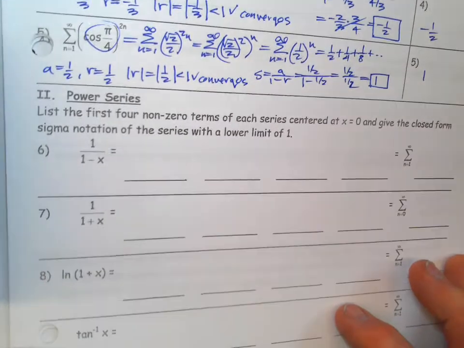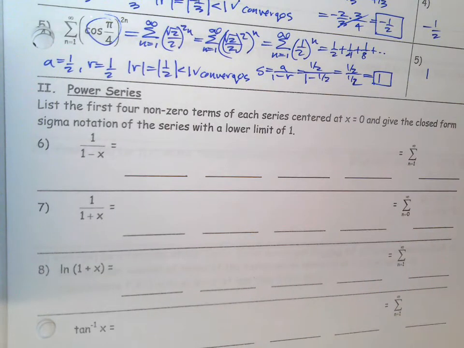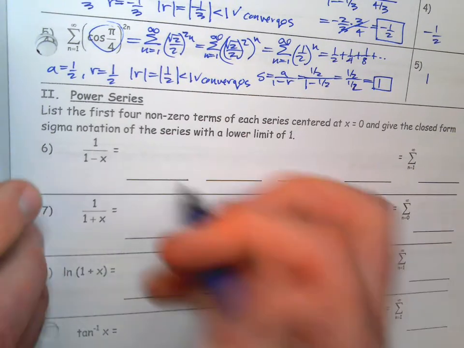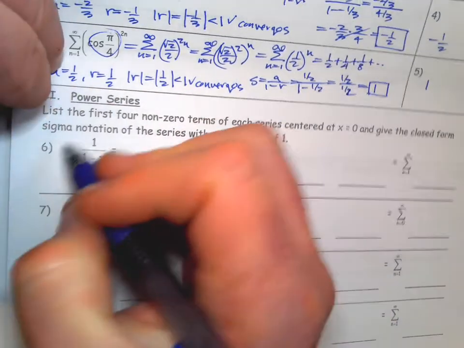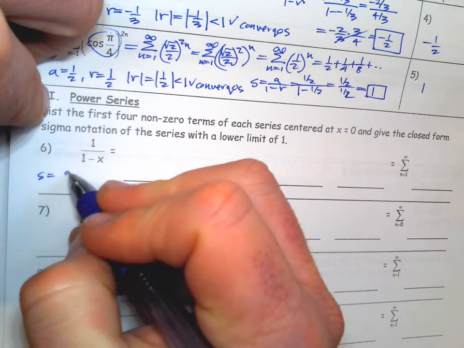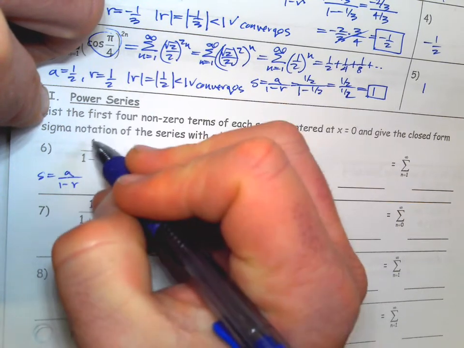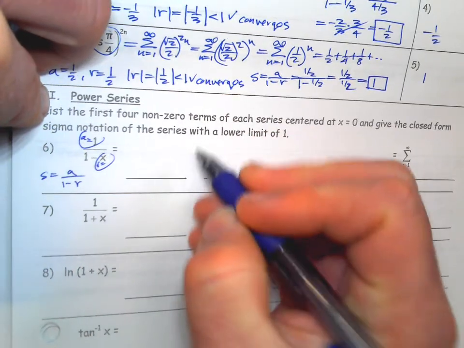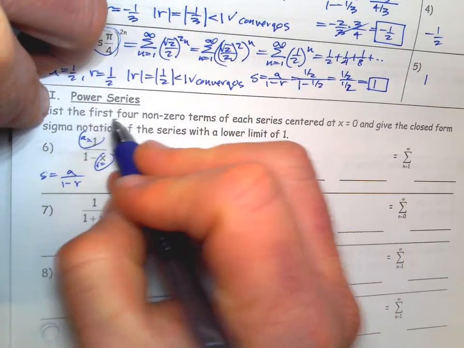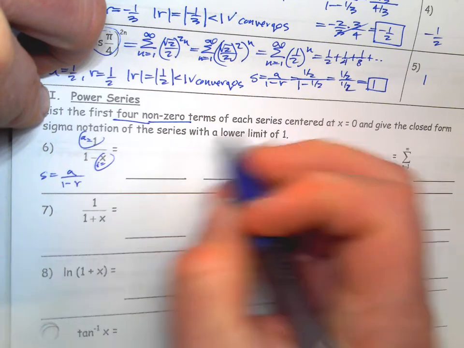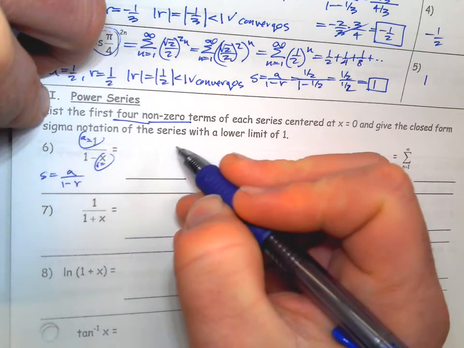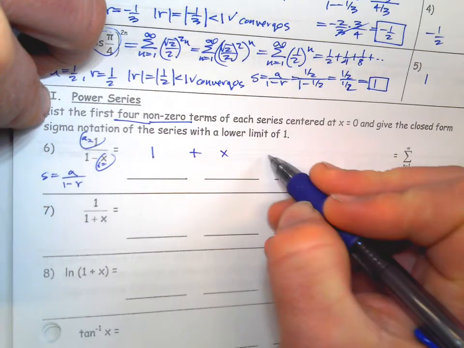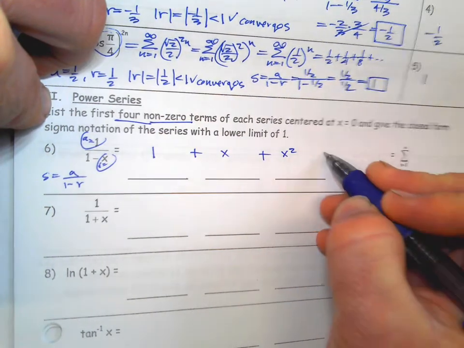These are the series that you should probably have memorized, be able to recreate. This one I have memorized because I think of this as the sum equals a over 1 minus r. So that's your a, and there's your r. R is positive x. The first part says write the first 4 non-zero terms. So the first term is going to be 1, and then plus x squared plus x cubed.